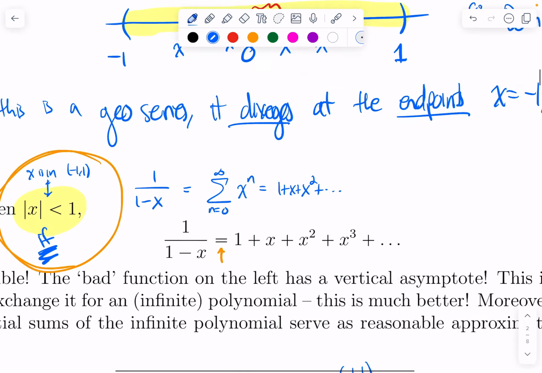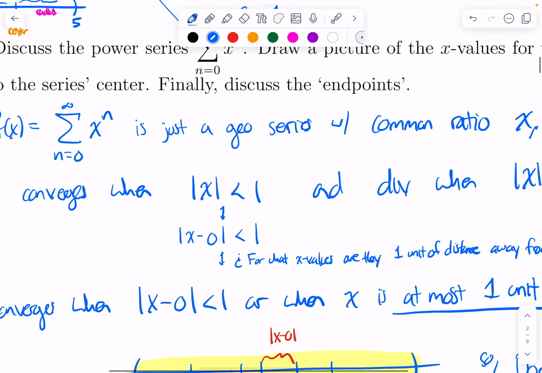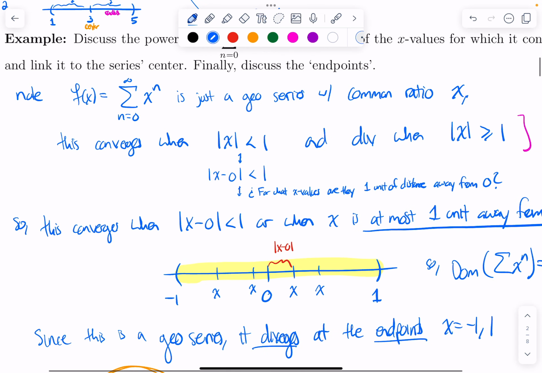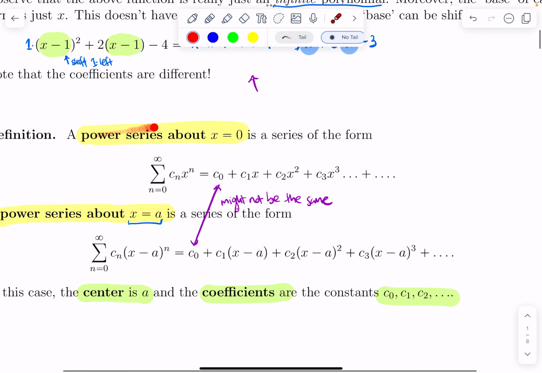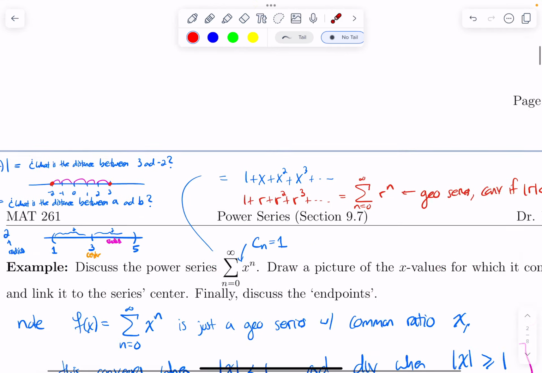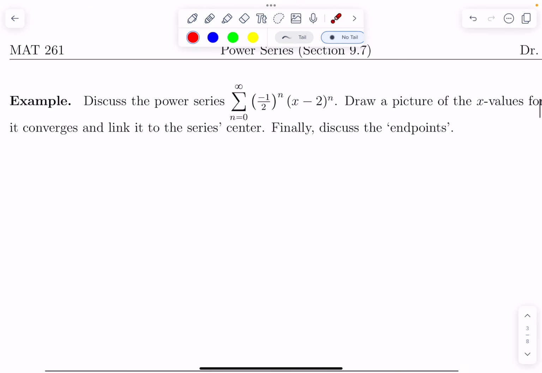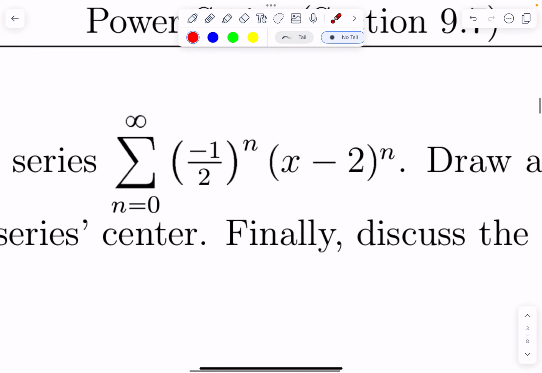Now, this is an example of a series where the center was at 0. And that's what we were talking about up here. This is a first type of power series. Let's look at one where I shift the center a little bit. So here, I have this power series.